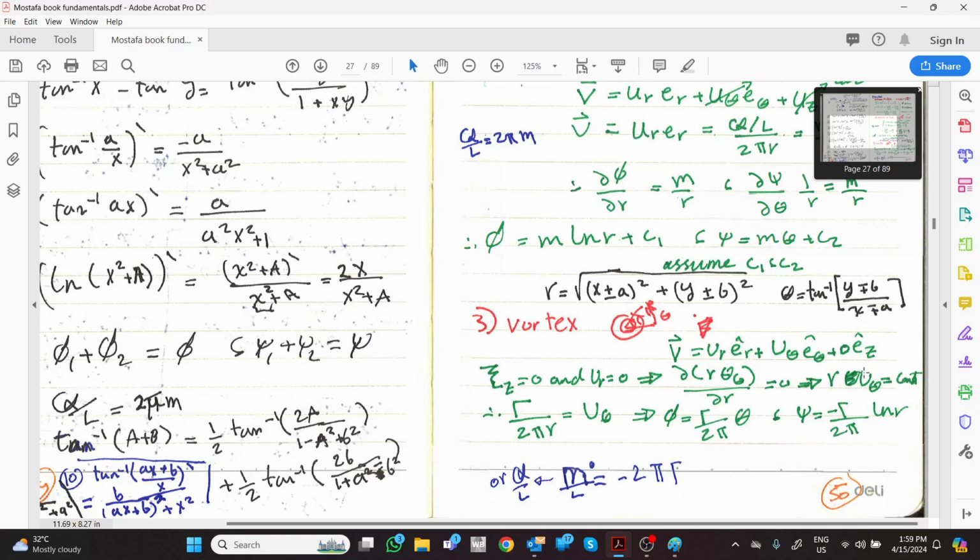So r u theta is this one and theta. So it is just manipulation of the writing because r is gone here. Okay, and psi also equals this one.